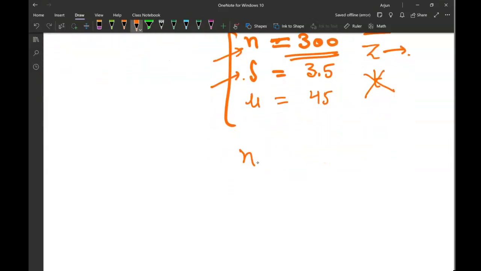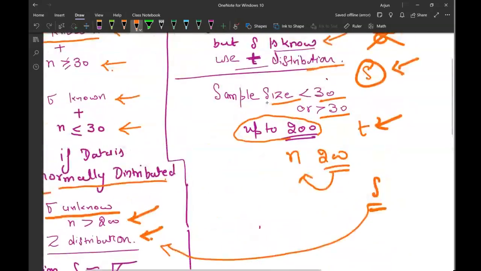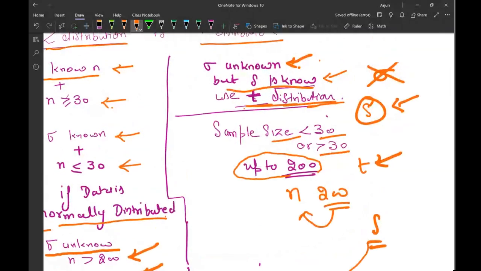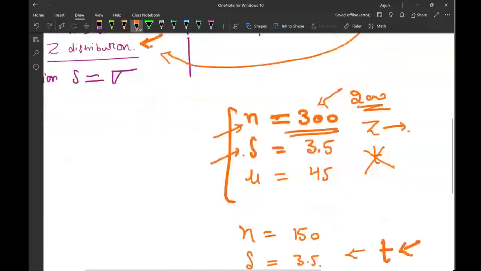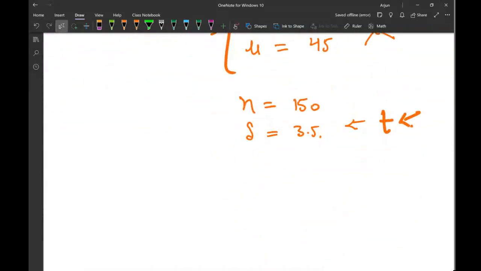Now, if the N value is 150 and the S value is given to you, which is 3.5, which distribution are you going to use in that scenario? In that scenario, I'm going to use the T distribution. I'll keep using the T distribution according to this rule: if the sample standard deviation is given to me, I'll keep on using the T distribution up to the N value of 200.